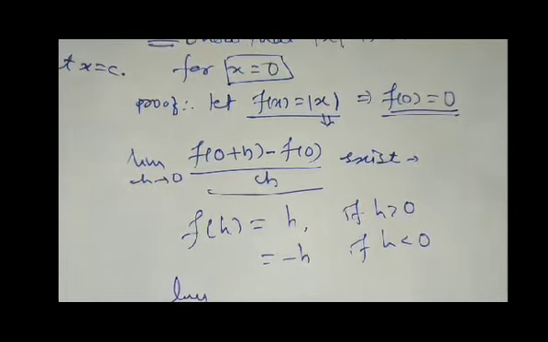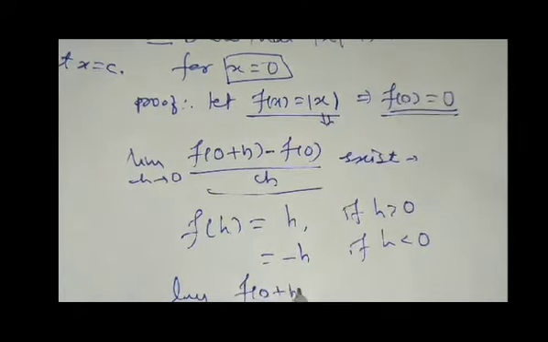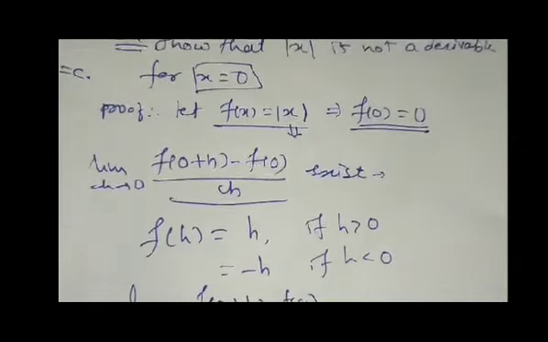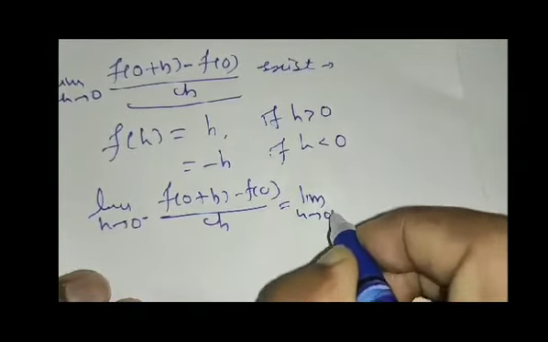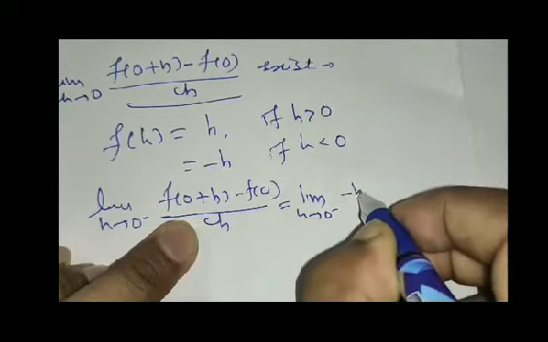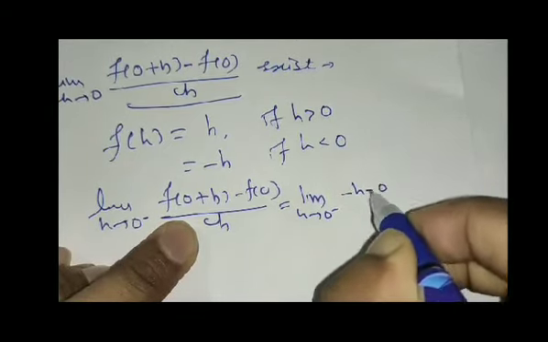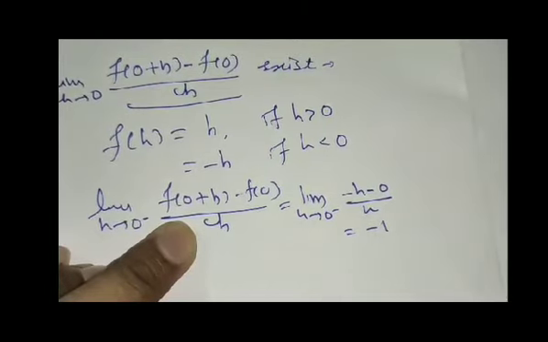So the left hand limit, that is the limit as h tends to 0 minus of f of 0 plus h minus f of 0 divided by h. What is f of 0 plus h? It is minus h minus 0 divided by h, so we get minus 1.